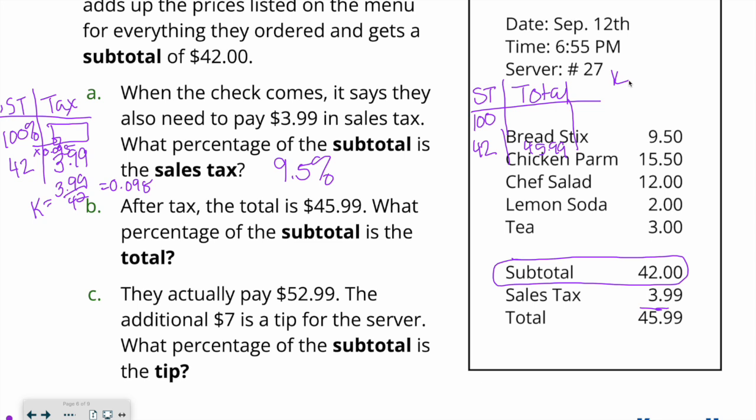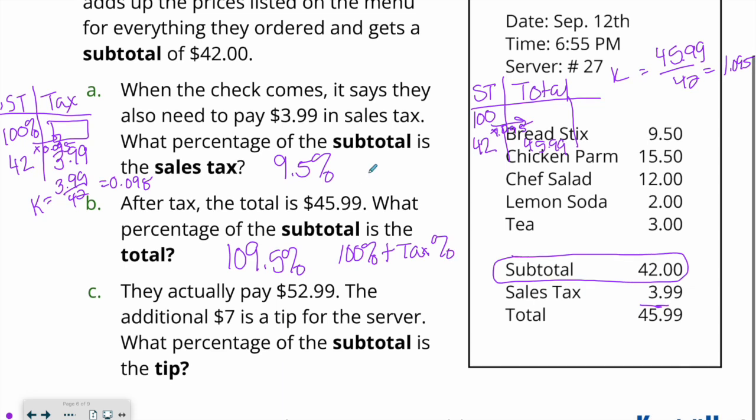So if we find our constant of proportionality, $45.99 divided by 42 gives us 1.095. We multiply that by 100. 1.095 times 100 gives us 109.5%. So this is kind of like our increase. It's 100% plus the tax percent.